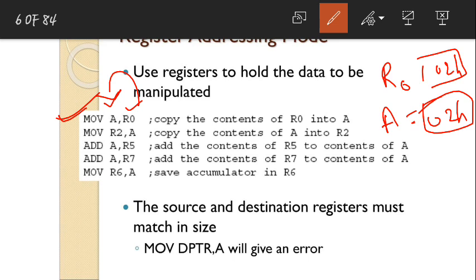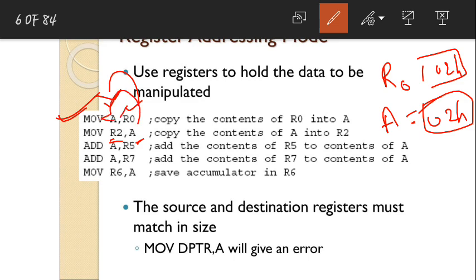Next, MOV R2, A. Now in this instruction, I am trying to move the contents of A into R2 register, because A is at source and R2 is at destination. So from A it will move to R2.